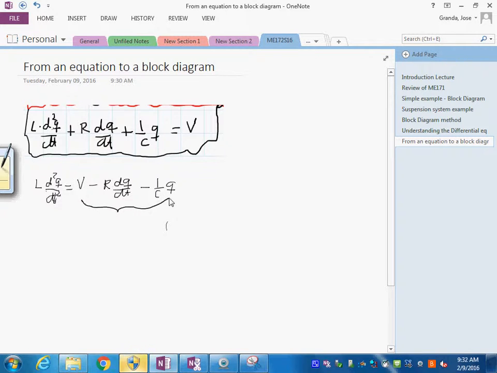You have the result of this, which is L times d squared q dt squared, and then you have two others. See, you have this one that says this is r times dq dt, and of course it's with a minus sign, and then you have a minus 1 over c times q, like that.